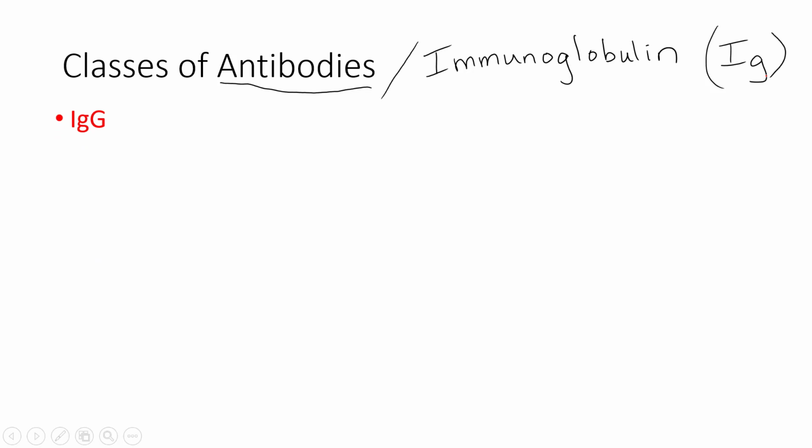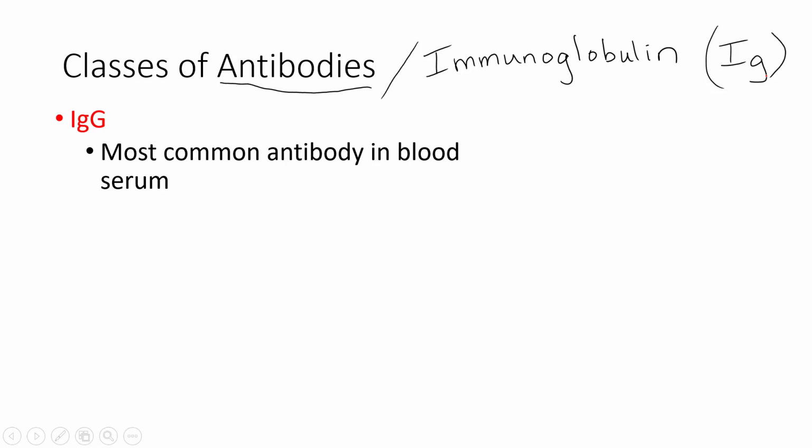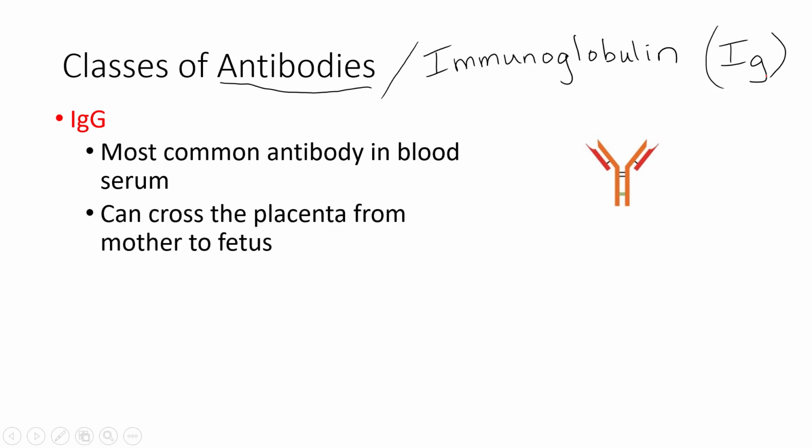So there are 5 classes of antibodies that you should be aware of here. We're just going to look at the slide for this, which you should have in your lecture module. So IgG is the most common antibody, and it is very small. It's actually a monomer. So when we draw the antibody here, and remember I oftentimes just use a capital letter Y. It's a simplified way to draw the antibody.